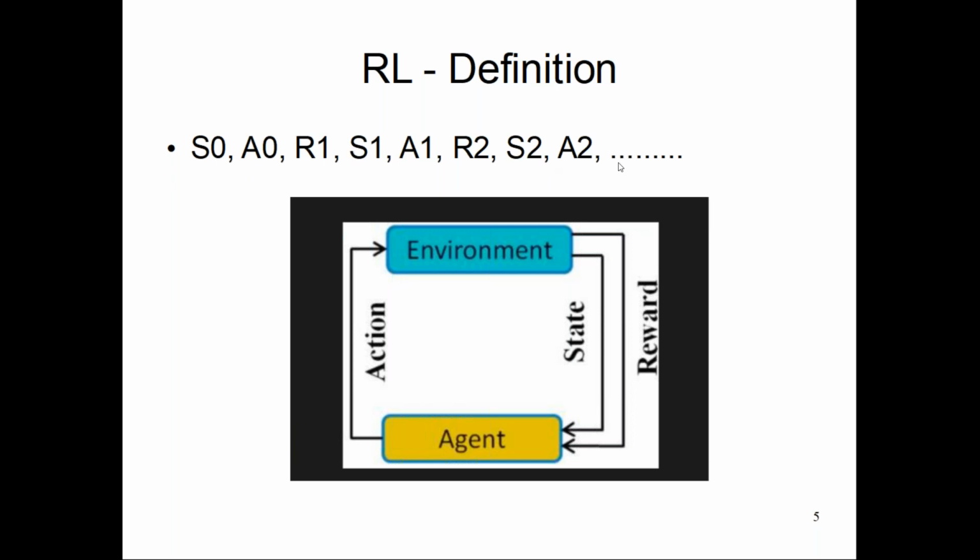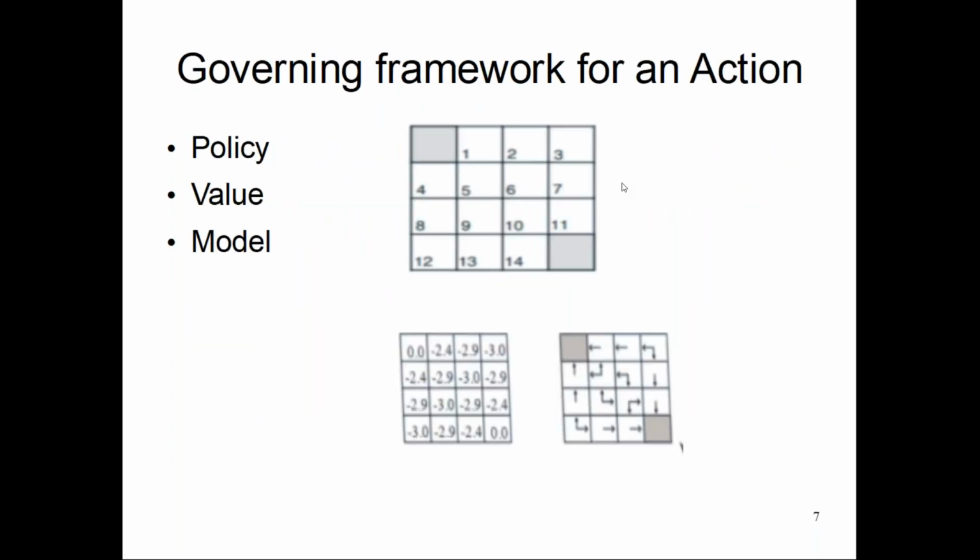In some instances, this is a very straightforward, clear example, but in some instances, when you are in state 1 and take a particular action, you may end up in 5, or you may end up in 2.